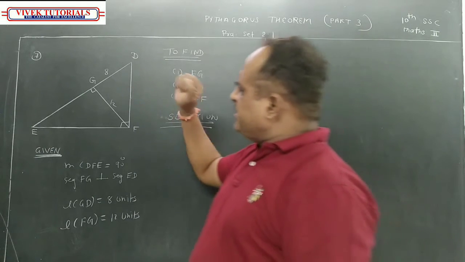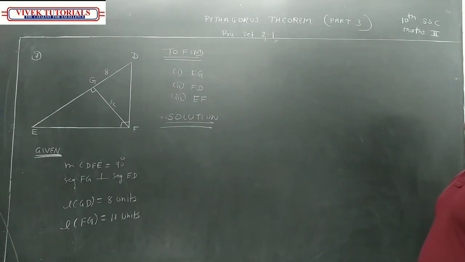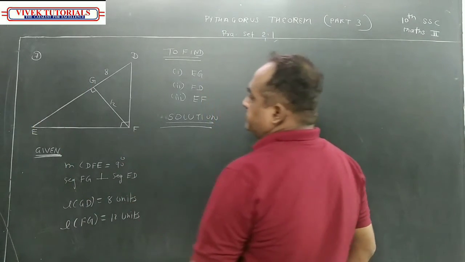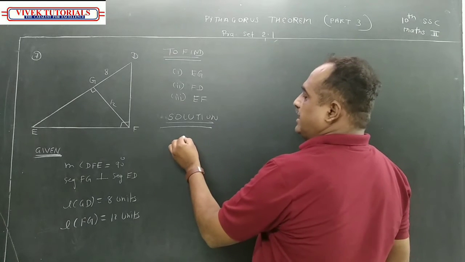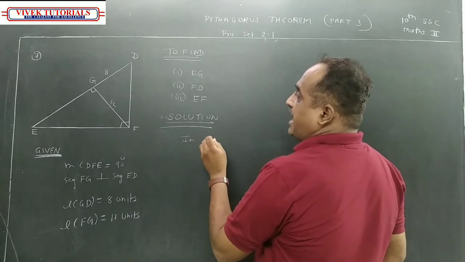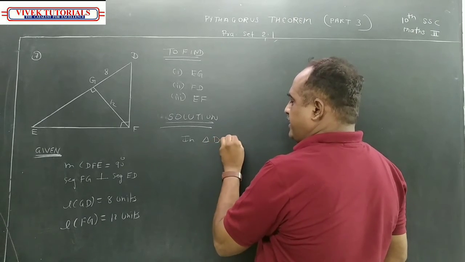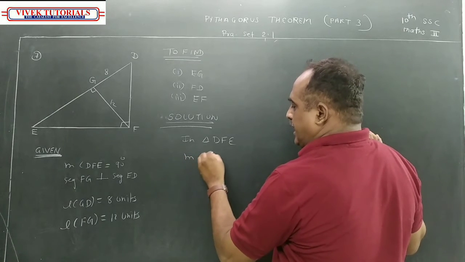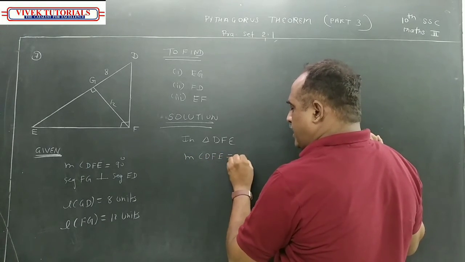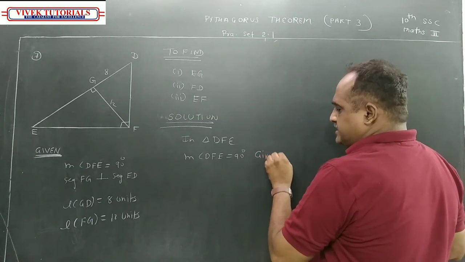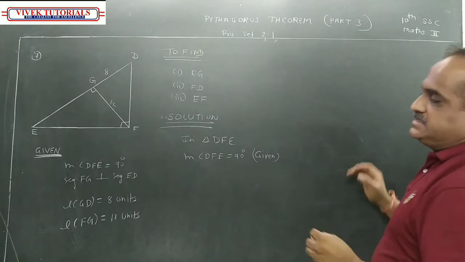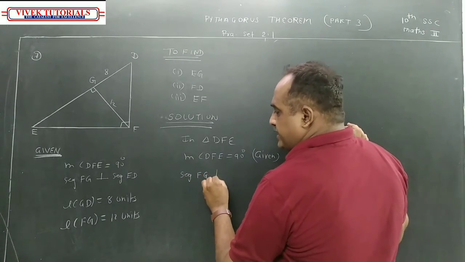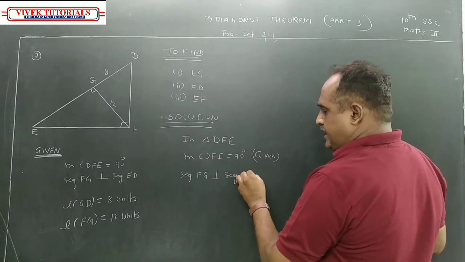When there is such a perpendicular, you just think of the theorem of geometric mean only. Okay, so easily we can find out EG. We will start from there only. In triangle DFE, measure of angle DFE is equal to 90 degree. It is given, and segment FG is perpendicular to segment ED.